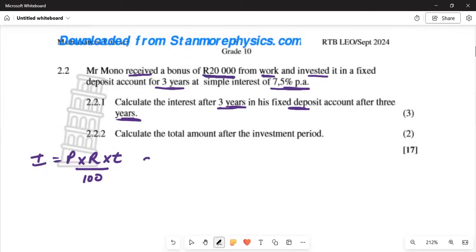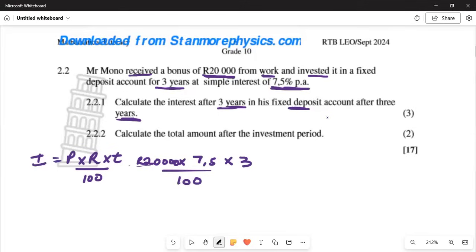So that is 20,000 times the rate, which is 7.5% per year, times the time, which is 3 years. All of that you divide by 100.